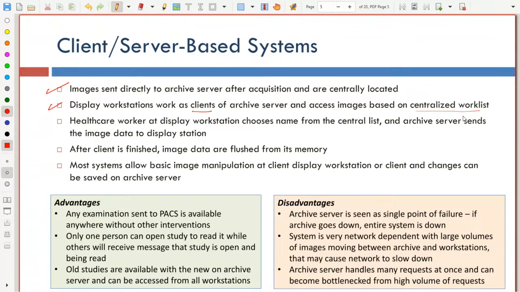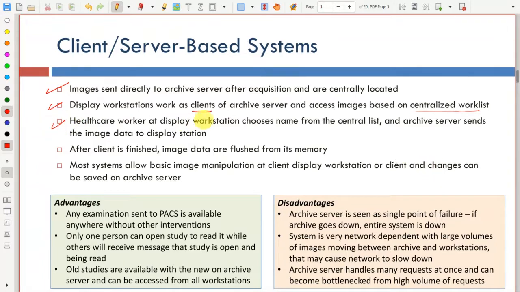This is much more effective. For example, you have 100 studies that were done today, and you have to make a diagnosis for all of them. If you have 10 doctors, you assign each one of them 10 of these studies. This is done centrally through the archive server.